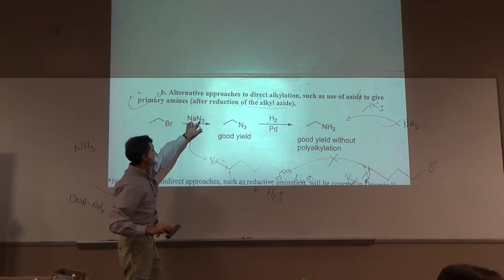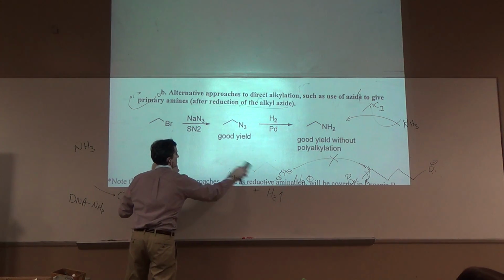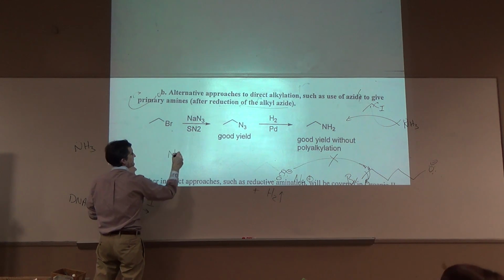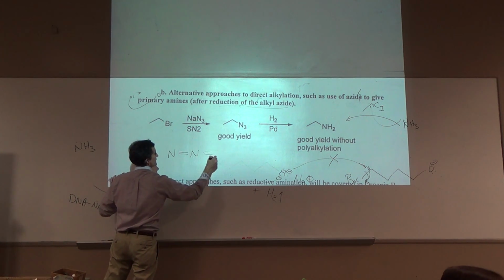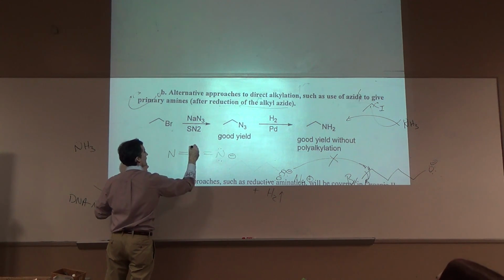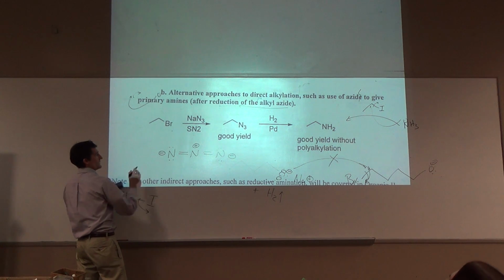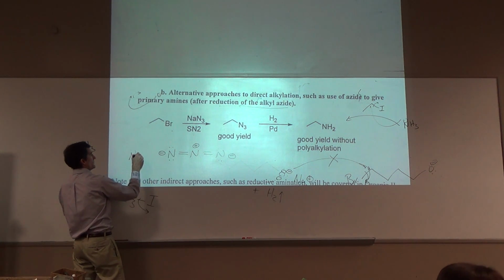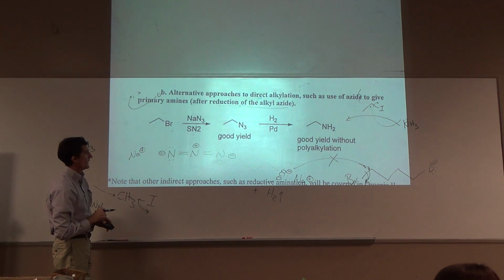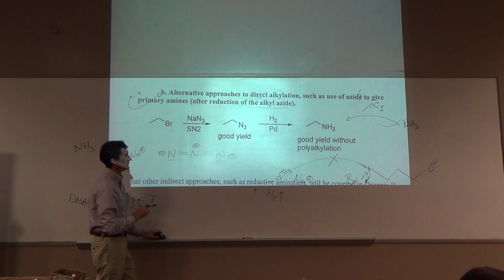You can use sodium azide. Azide would be a Lewis structure that looks like that. It's net minus, and you have a sodium plus. I think I asked you to do azide during week 1 when we were doing Lewis structures.